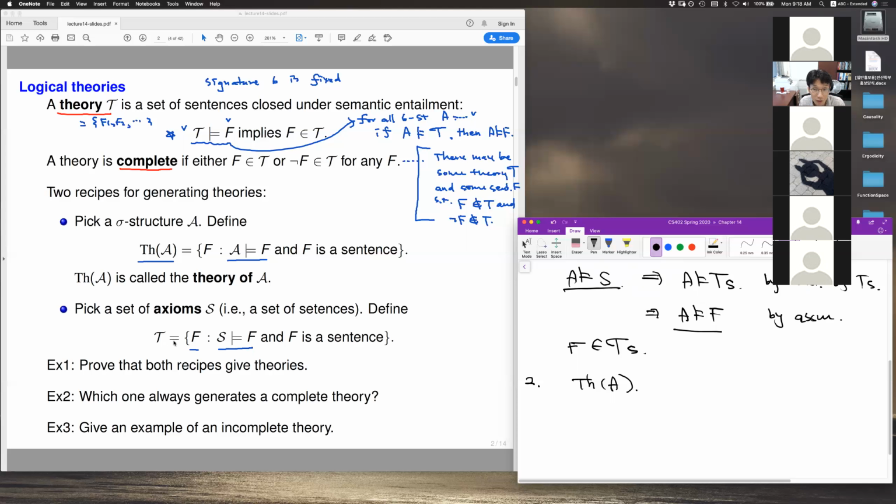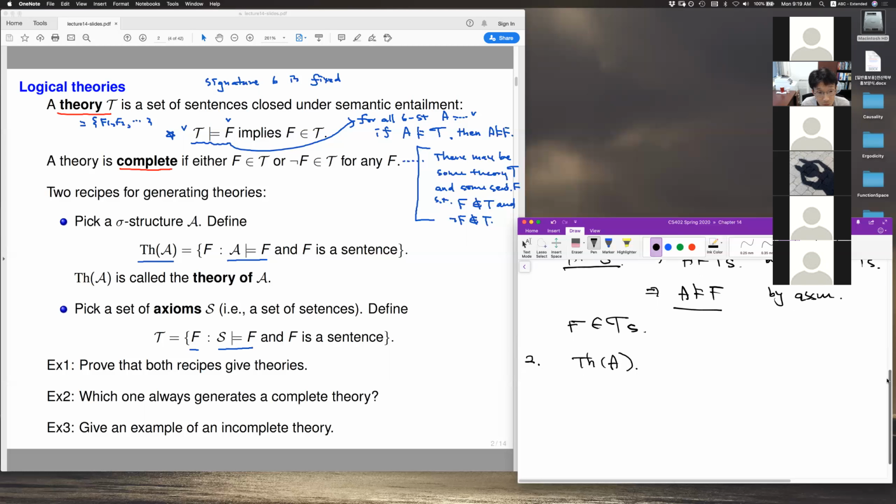So, as Chang Hyun said, in typical examples S is satisfiable, but our definition so far doesn't really exclude this. There's a terminology called a consistent theory, which means the theory is satisfiable. It doesn't contain bottom. The theory doesn't contain false. That's called a consistent theory. But that's a concept we don't really talk about here.